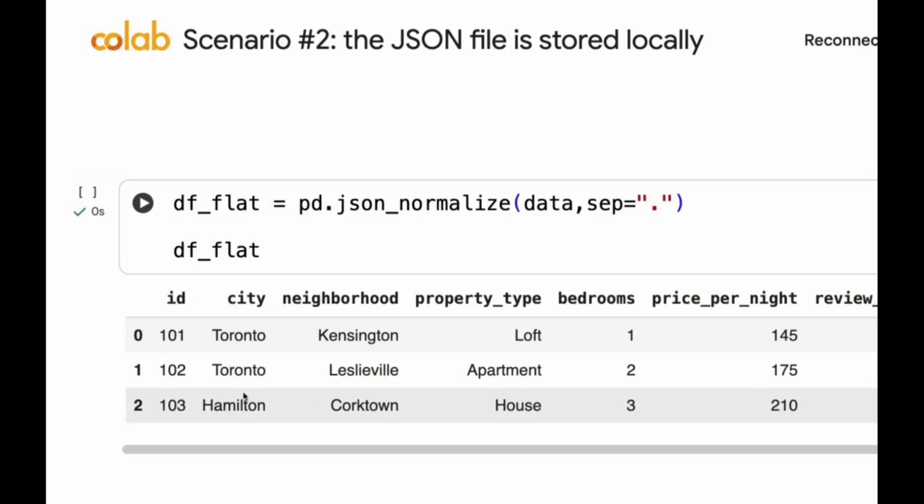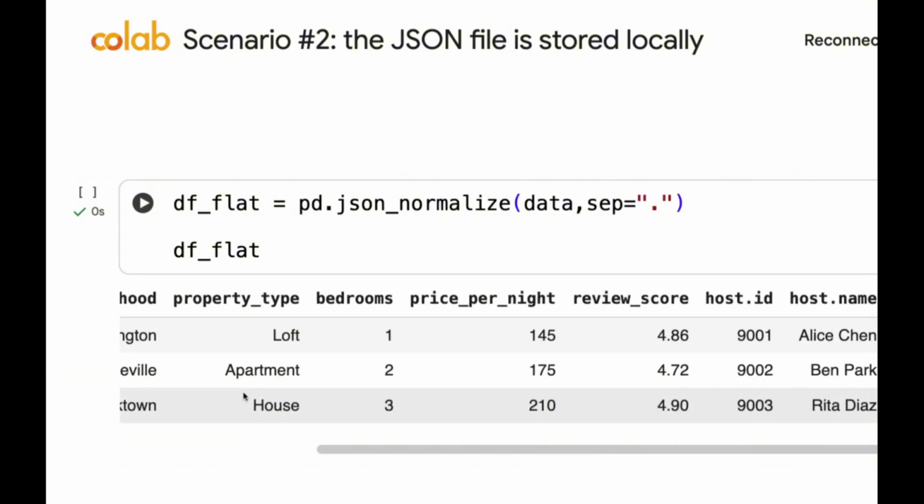Not surprisingly, the first few columns are exactly the same, but what's different is that now the host column, which had the nested structure, is expanded into 3 different columns: host.id, host.name, host.is_superhost.